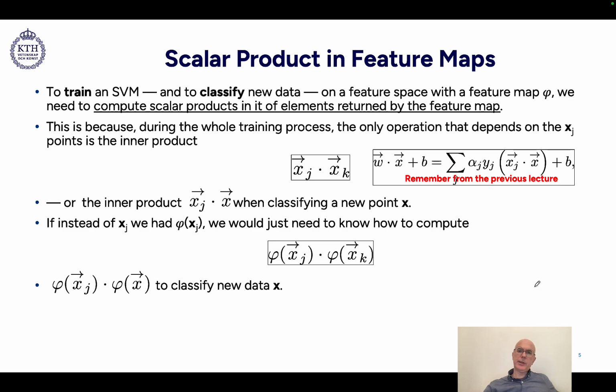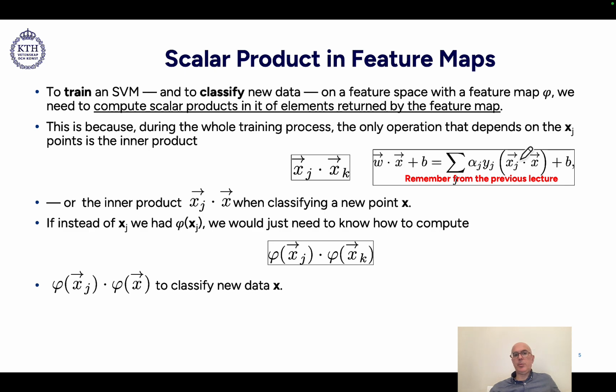In the previous pair of lectures, particularly the last one, we saw that the training of an SVM boils down to calculating an inner product between xj and x. So to train an SVM and to classify new data in a feature space with a feature map phi, we need to compute scalar products of the elements returned by the feature map.